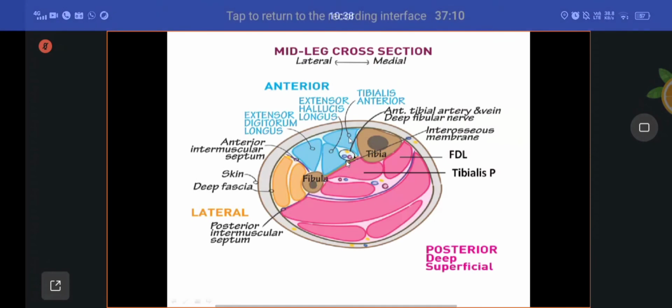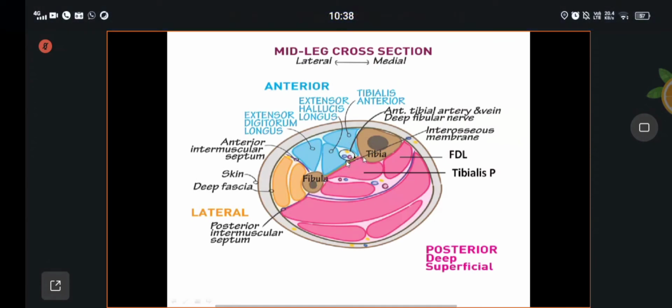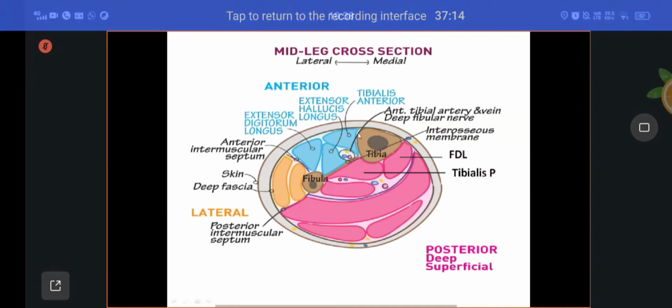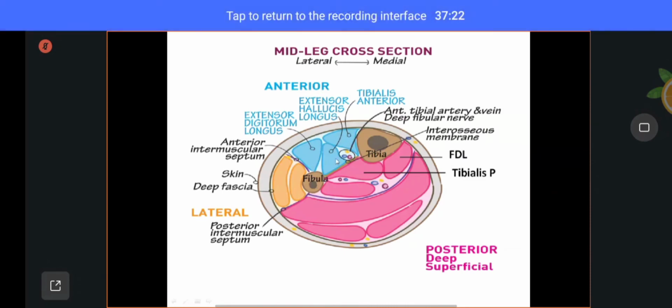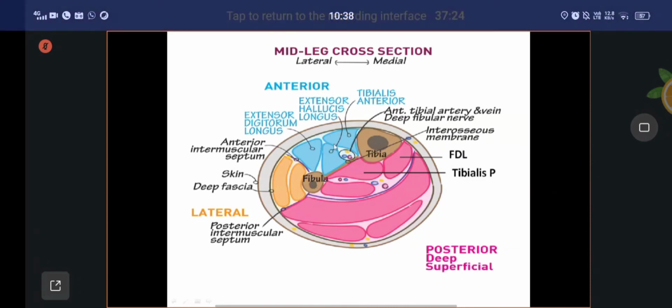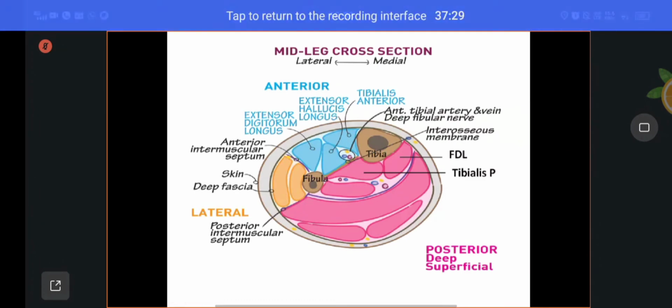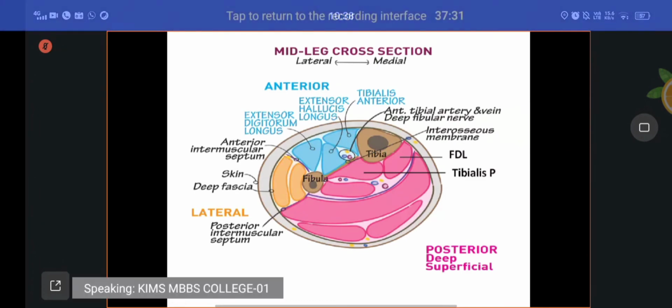The lateral surface belongs to the anterior compartment of the leg. These blue colored muscles represent the anterior compartment. That means the lateral border, the anterior border and this lateral surface are the boundaries of the anterior compartment of the leg.